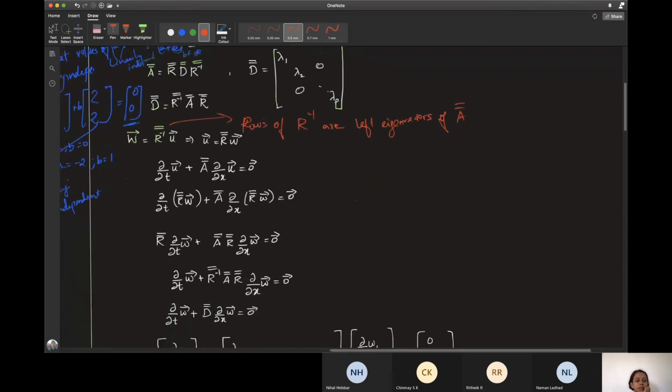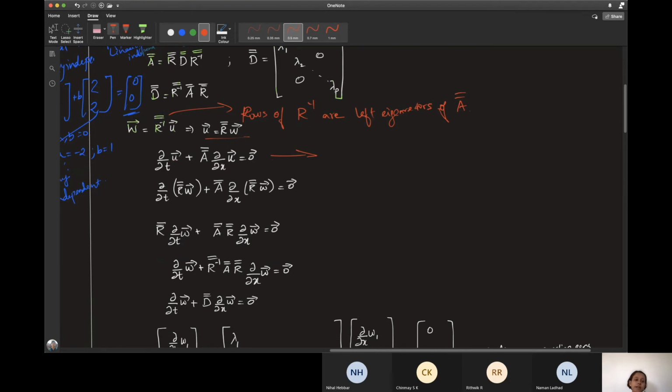Now you can write U vector as R into W vector. So in this system, you can write U as R into W. Since R is a constant matrix, because A is a constant matrix, your eigenvectors are also going to be constants, and eigenvalues are also going to be constants.